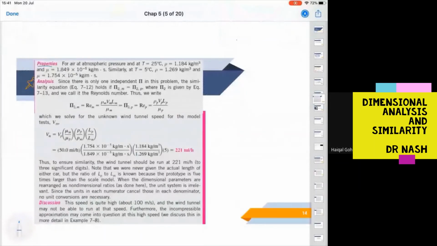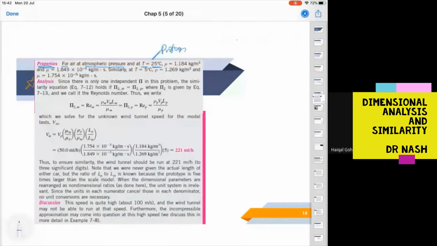Because earlier they did not give the properties, they only gave the air temperature, they told us about the unheated wind tunnel and so on. So for air at atmospheric pressure at T 25 degrees C, this is for the prototype, meaning the real situation. Rho is 1.18.